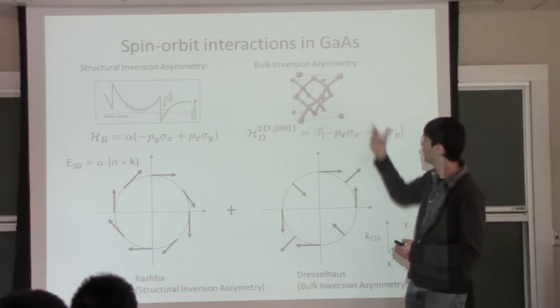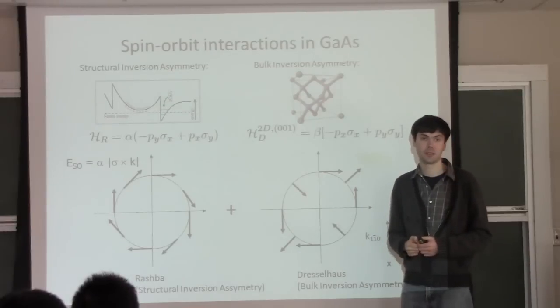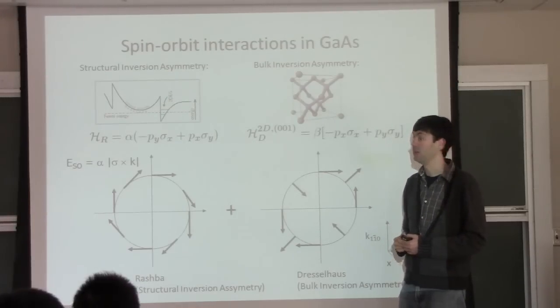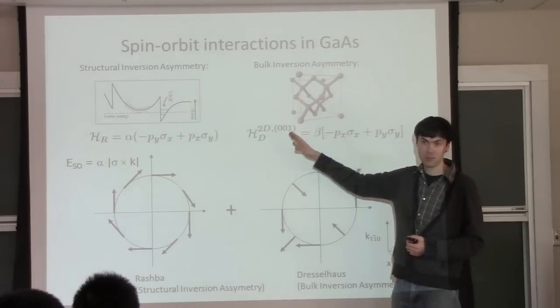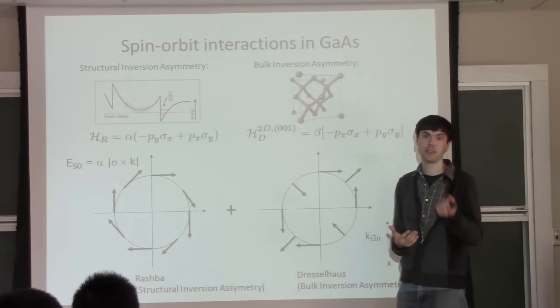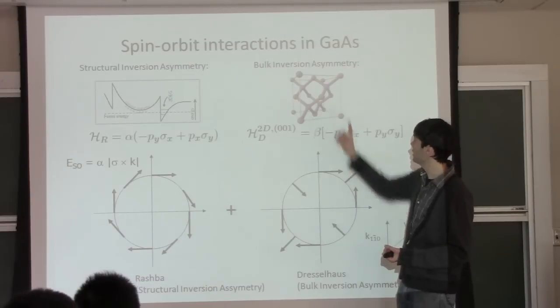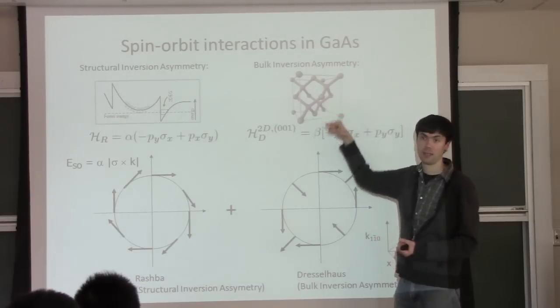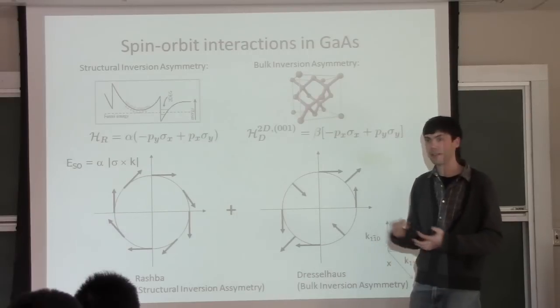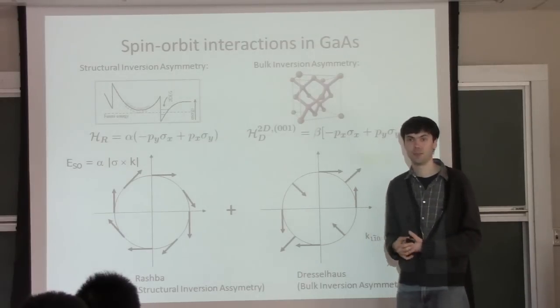But if you were to go for a Wurtzite crystal structure, for example, then the Dresselhaus term will not be there, but there is its own Wurtzite symmetry, because in Wurtzite it makes a difference whether you go this way or this way. It's a different crystal symmetry, and it gives rise to a different spin-orbit interaction.